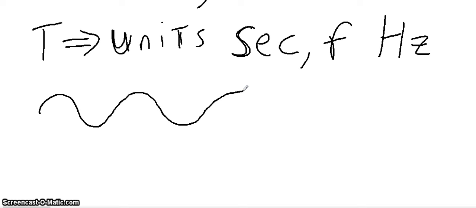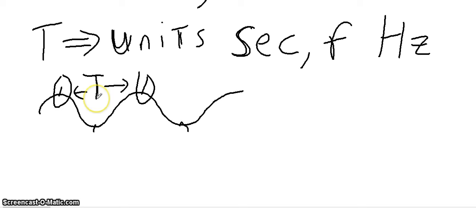So usually it's the peak to peak, or the bottom of the wave to the bottom of the wave, wherever the wave is repeating itself. So the amount of time it takes the wave to go from this point to this point, that time, t, is what we call, of course, the period. So that's the period in terms of time.